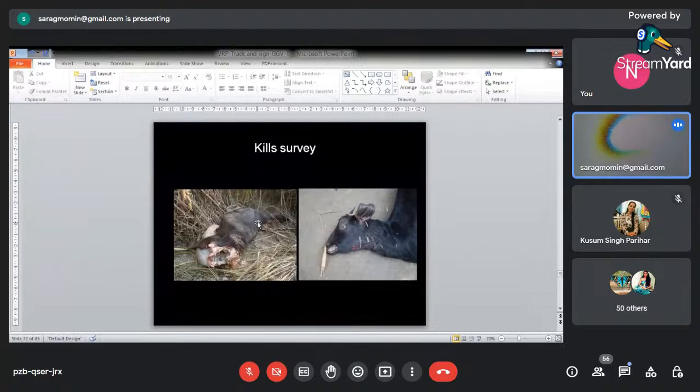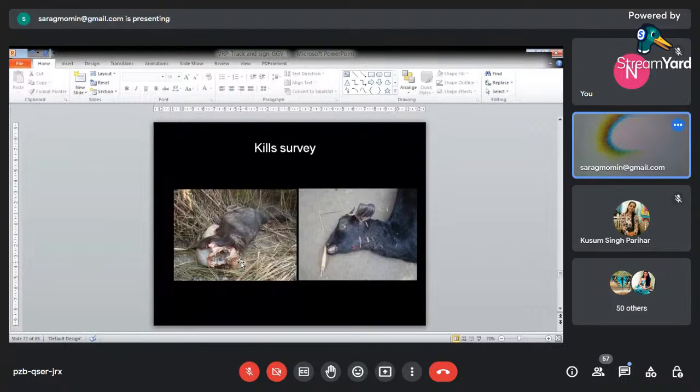And the second point is their behavior. A tiger always prefers to eat from the abdomen portion. But a leopard always prefers other parts of the body, not the abdomen.